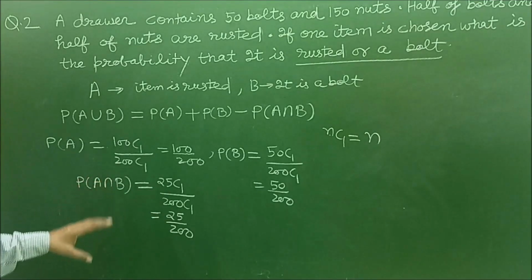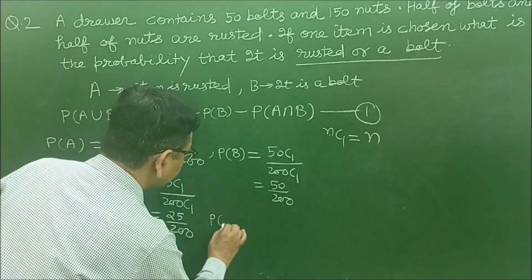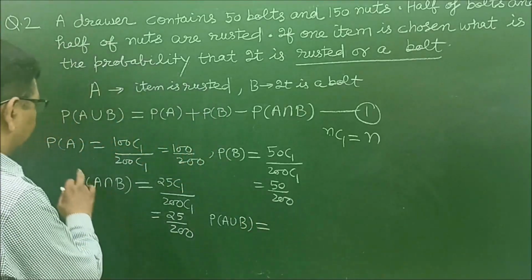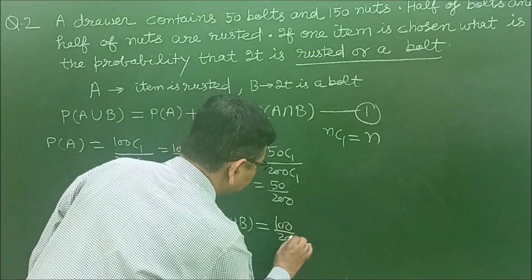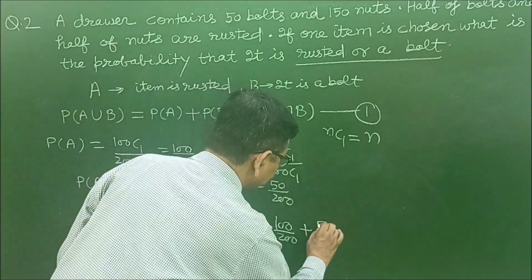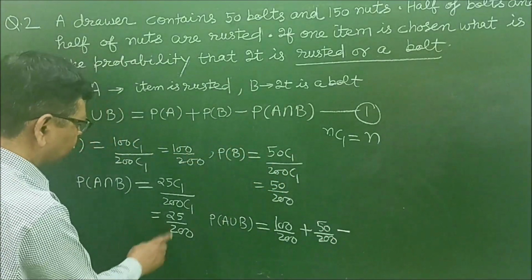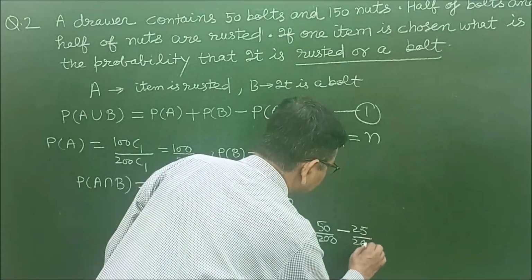So putting all these values in this formula, probability of A union B will be equal to probability of A, which is 100 upon 200, plus probability of B, which is 50 upon 200, minus probability of A intersection B, which is 25 upon 200.